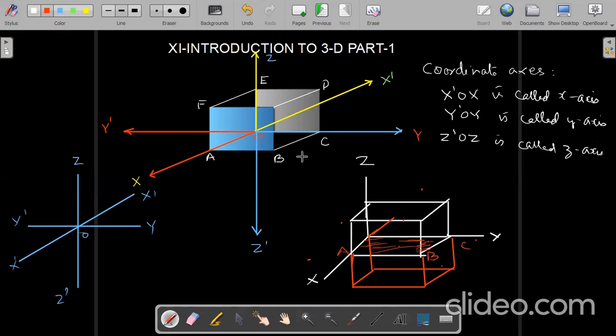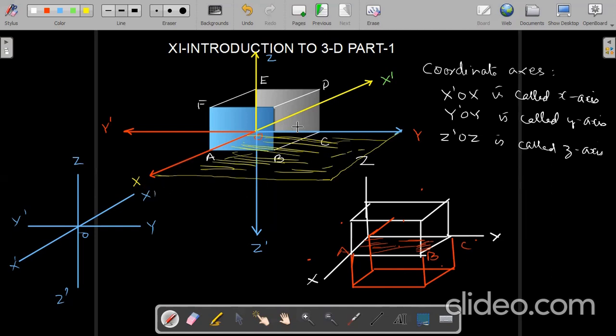So XOY is a plane. I will show you, this is the XOY plane. I'll try to make you understand the plane. Now you can see easily. I think it is clear now.